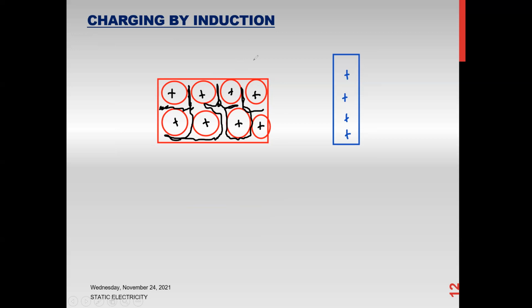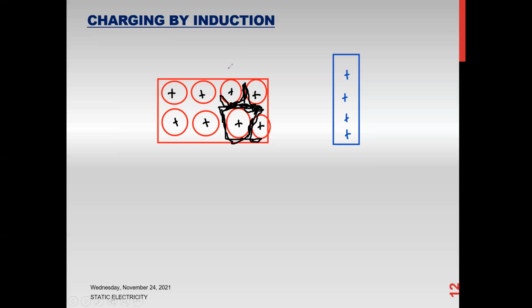These electrons, which are originally uniformly distributed throughout, experience attraction. So it appears that the majority of the electrons shift towards one side, which is facing the charged rod, and on the other side we don't find electrons, or very few electrons are there.